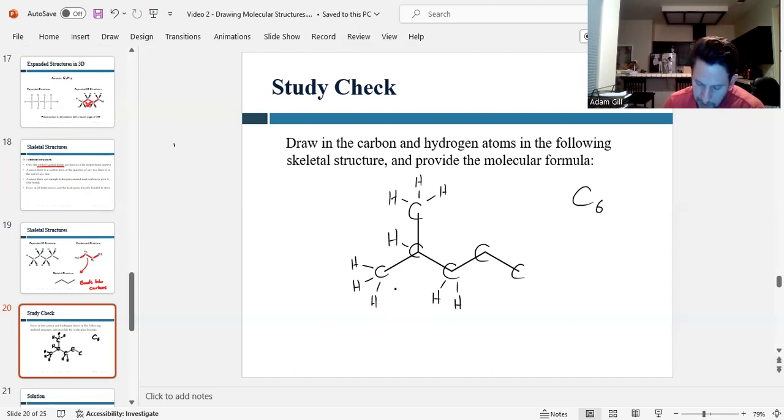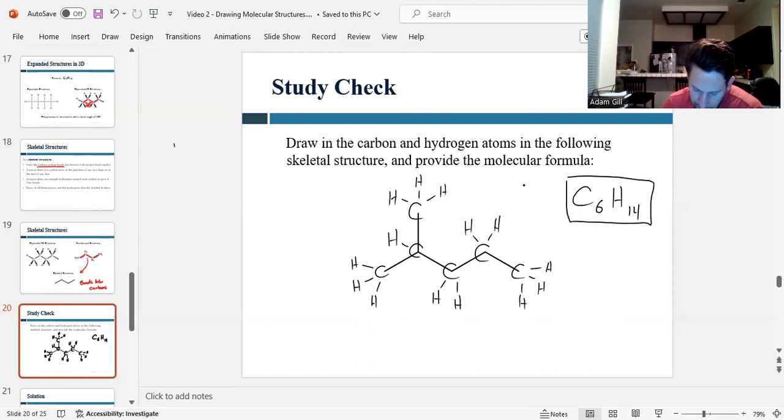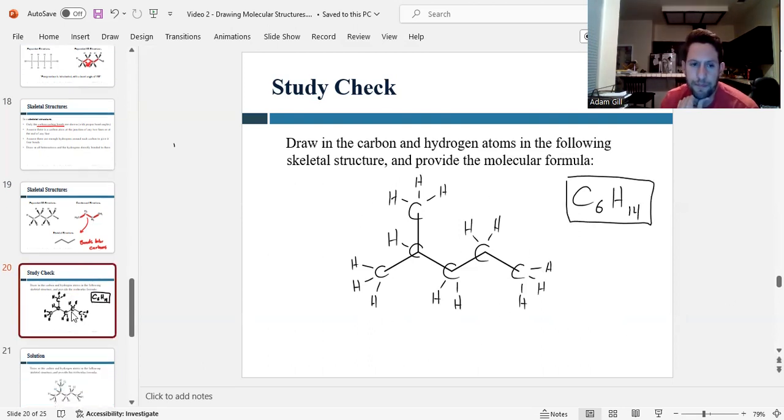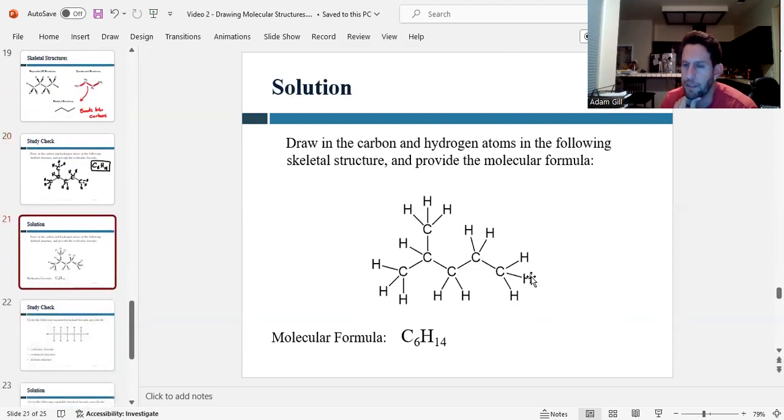This carbon has 2 bonds shown, so he needs 2 more hydrogens. And this carbon on the end has 1 bond shown, so he needs 3 hydrogens. So if we add up the total hydrogens, 3, 4, 5, 6, 7, 8, 9, 10, 11, 12, 13, 14. That would be the molecular formula, and this would be the expanded structure. And it looks like we did it correct.